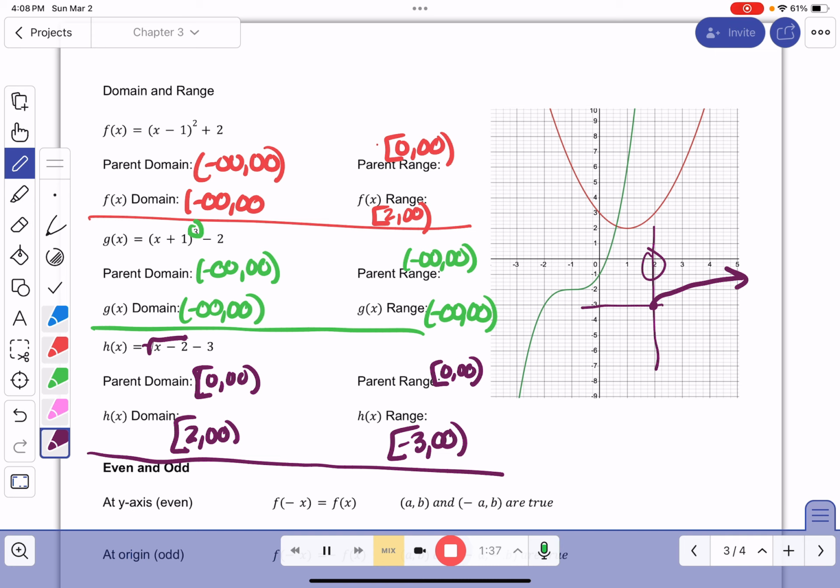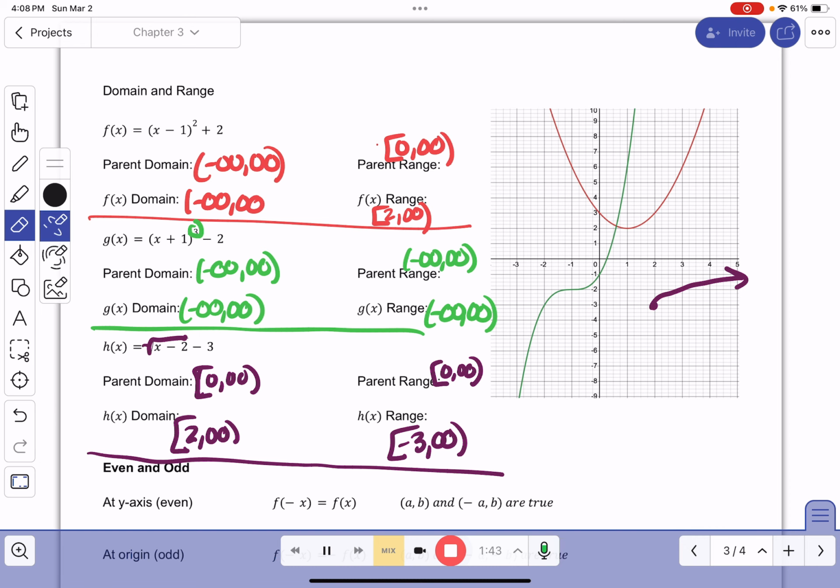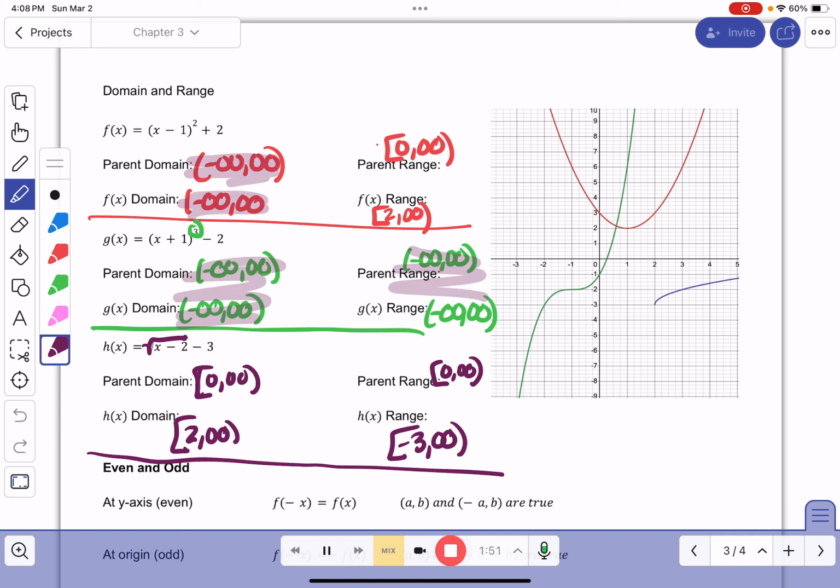So how did our translations affect the domain and range? Well, if you look at all the pieces, anything that was negative infinity to infinity is still negative infinity to infinity. Those didn't change. The ones that changed were the ones that started limited.